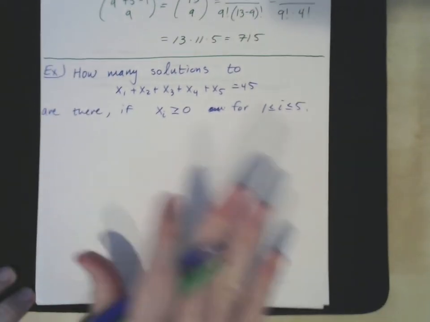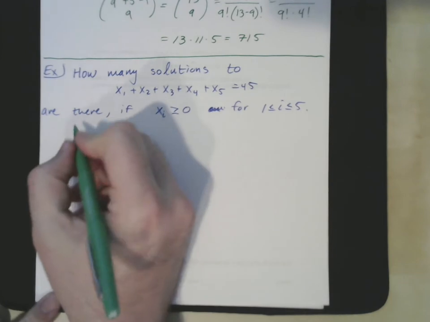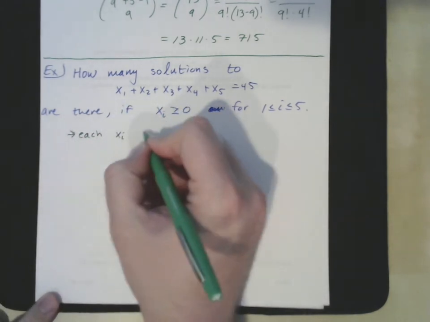Right, so each of these variable terms is at least 0. So the way that we think about this is each x sub i is a category.